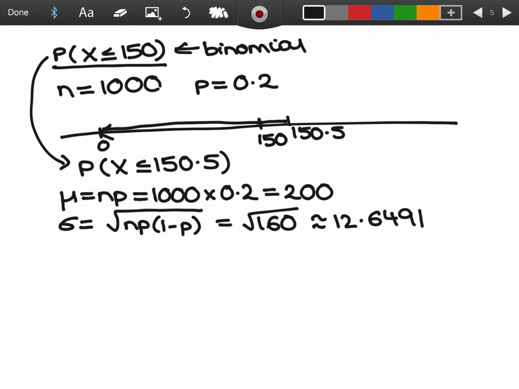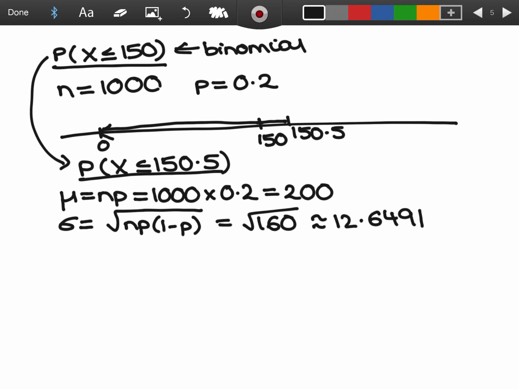So we have a mean and we have a standard deviation, and we have the probability that we are looking for. Effectively we are looking at a normal distribution with a mean of 200, a standard deviation of 12.6491, and we are looking for the probability that X is at most 150.5.